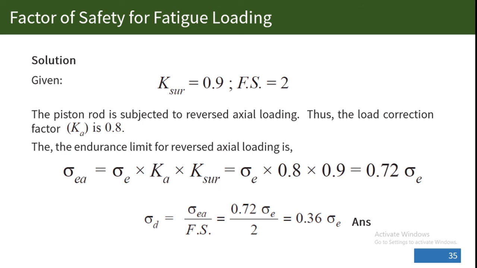And if the stress varies from 0 to a certain maximum value, it is called the repeated stresses. And if the stresses vary from a minimum value to a maximum value of the opposite nature, for example from a certain minimum compressive to a certain maximum tensile or vice versa, it is called alternating stresses.